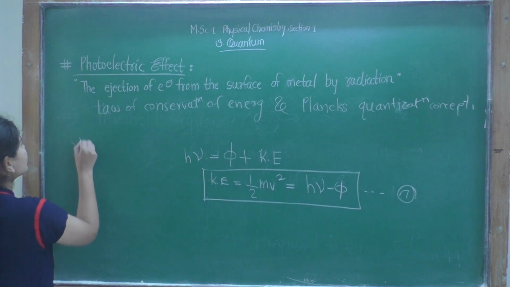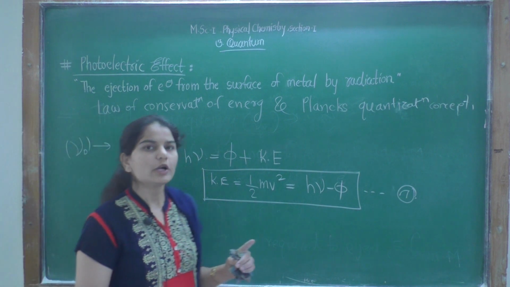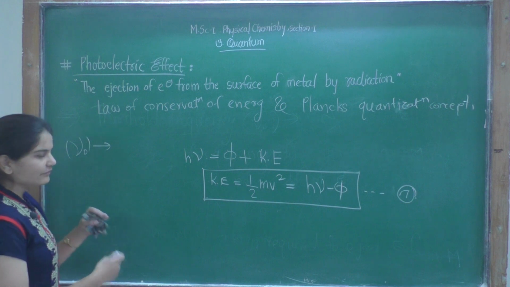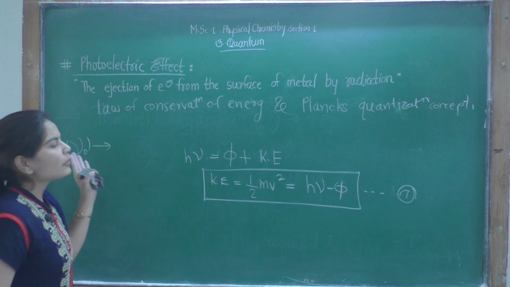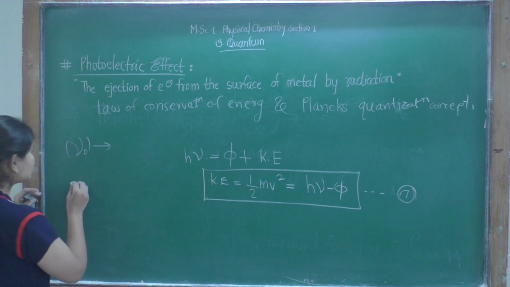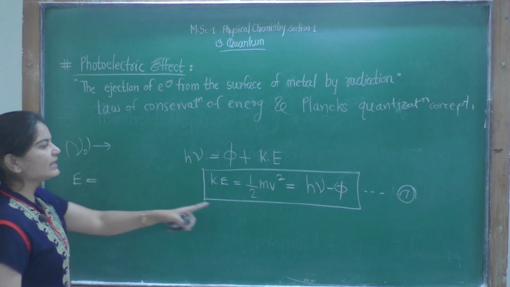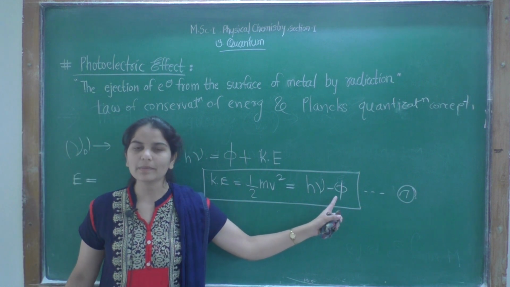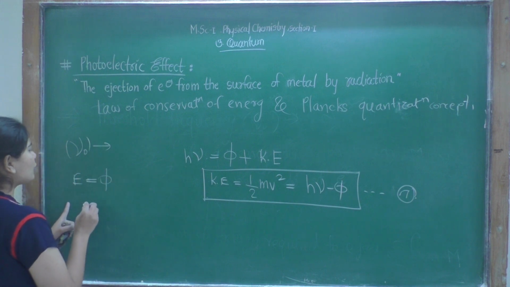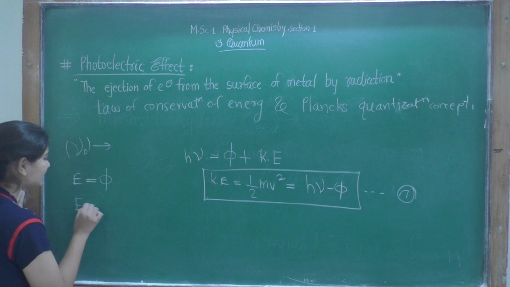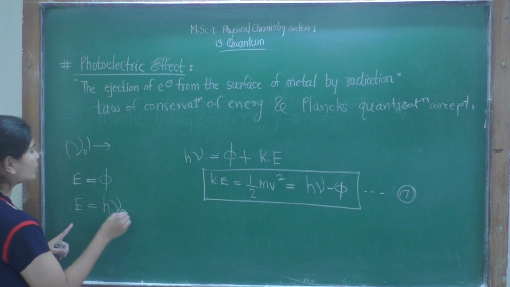Now we have said that nu naught, the threshold frequency, is the minimum amount of frequency required to eject the electron. Below that, no electron can eject. So what will be that frequency? What is phi? It is the minimum energy to just eject an electron. The energy to just eject the electron can be represented by h nu, but it is h nu naught, right?